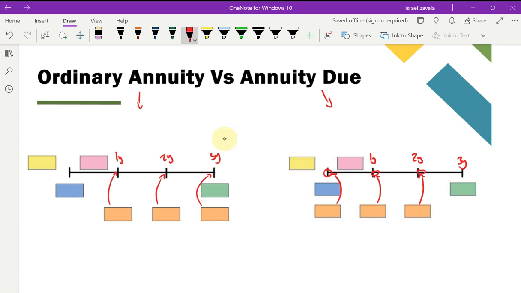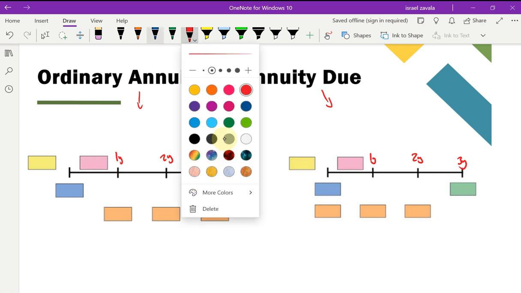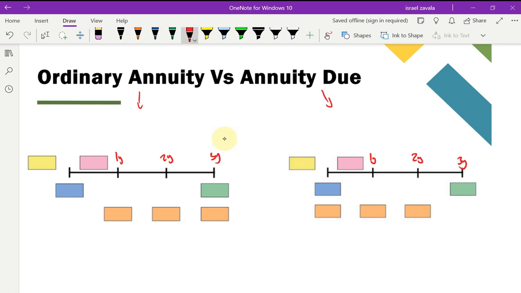Now, you might be thinking to yourself, what's the big deal? Why does it matter? But it is a big deal, and I'll explain really quickly why. I don't want to spend too much time lecturing. But in your ordinary annuity on the left, look at payment 1.